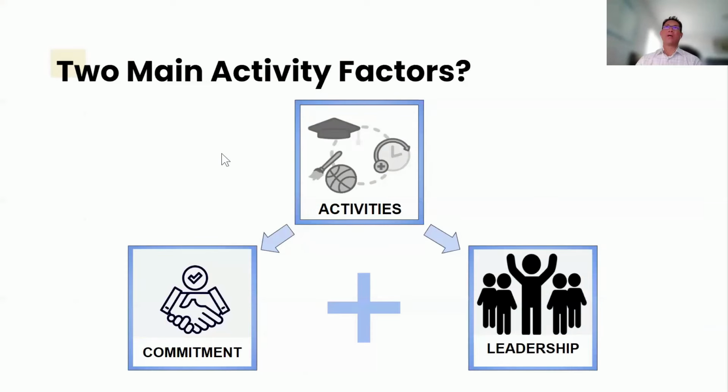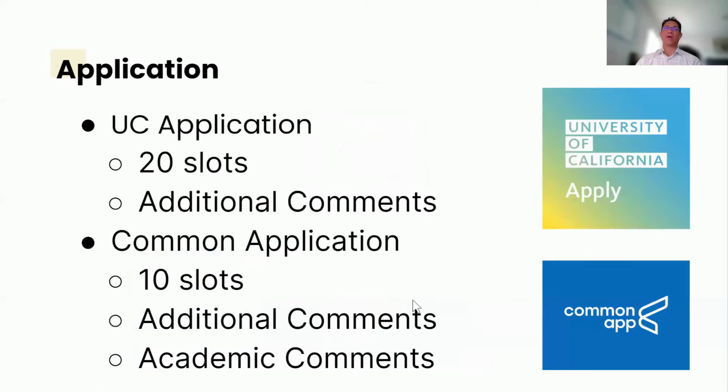And when we talk about the two main factors of activities, really it's commitment and leadership. Commitment, of course, is the number of hours that you put forth, and then, of course, the leadership. So we're going to talk about commitment, and specifically, the applications. There are two main types of applications out there: the UC application and the common application.